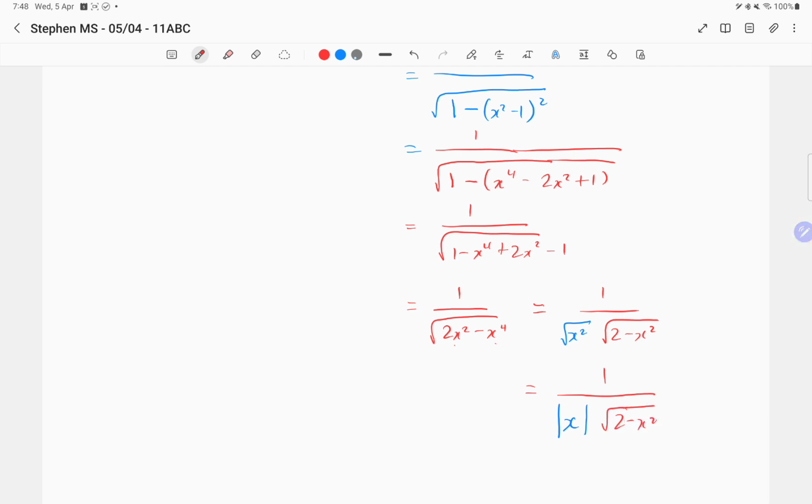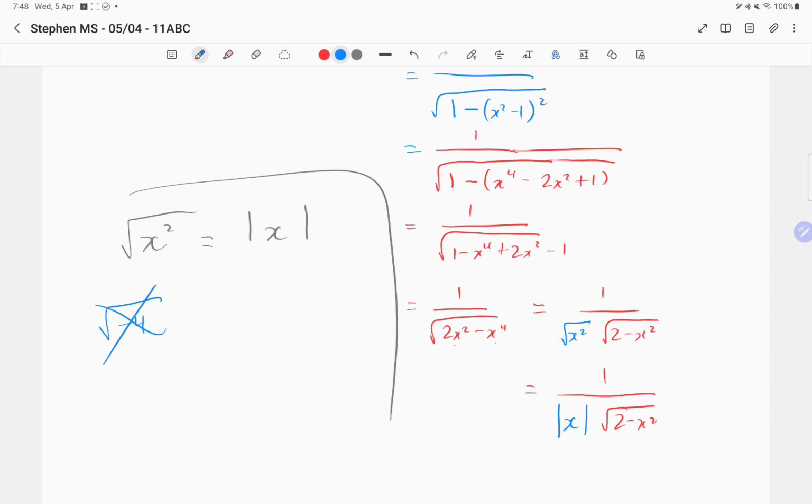Here's a little snippet. This is a formula: square root of x squared is actually the absolute value of x. Why? Because when you square a number, that number can actually be negative. You can't have square root of negative 4 normally. But what if you have square root of negative 2, everything squared? The answer is 2, because when you square negative 2, that would be 4 and that would just be 2.